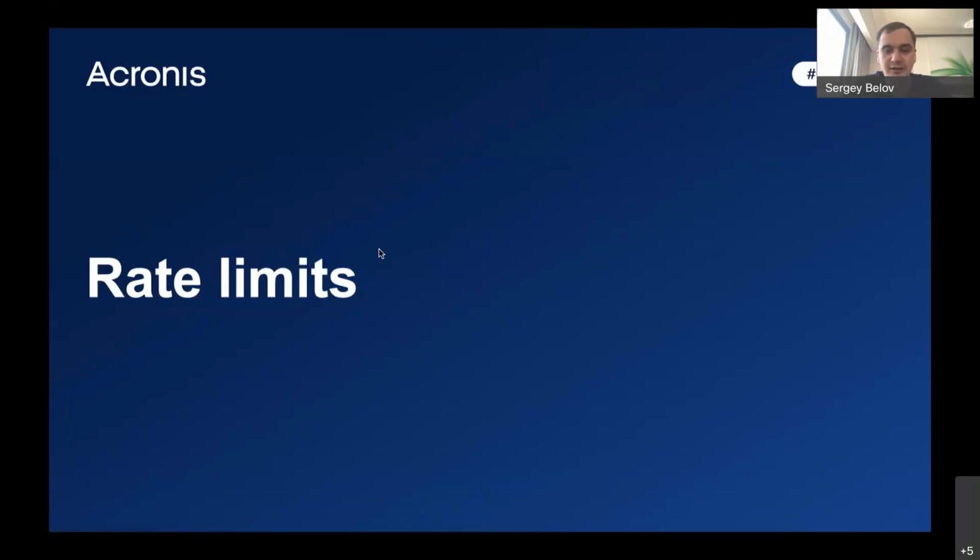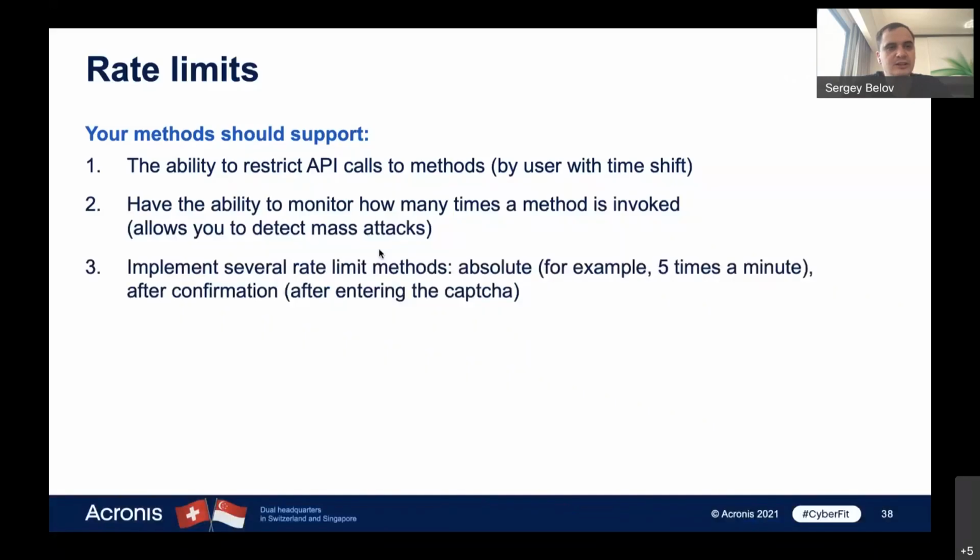And rate limits. The next thing to discuss is rate limits. If you're creating a project from scratch, or you now just want to improve the security of your current project, be able to restrict API calls to the methods, per user.